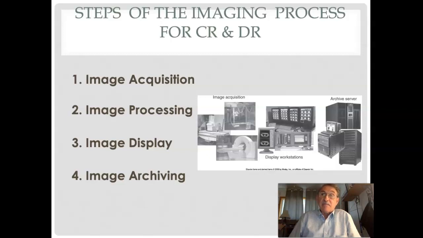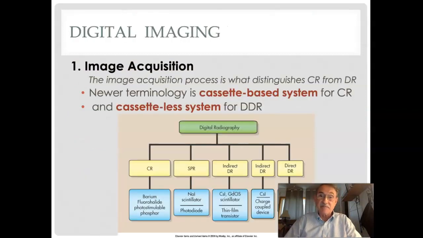Also, image archiving comes with it a much more reasonable, much more robust way that we can obtain the images much more quickly and efficiently and not lose them, which was not the case in the film screen model. So at some point we're going to talk about all 4 of these. However, today, in this particular video, I'm going to limit my discussion to image acquisition and image processing of the CR and the DR model.